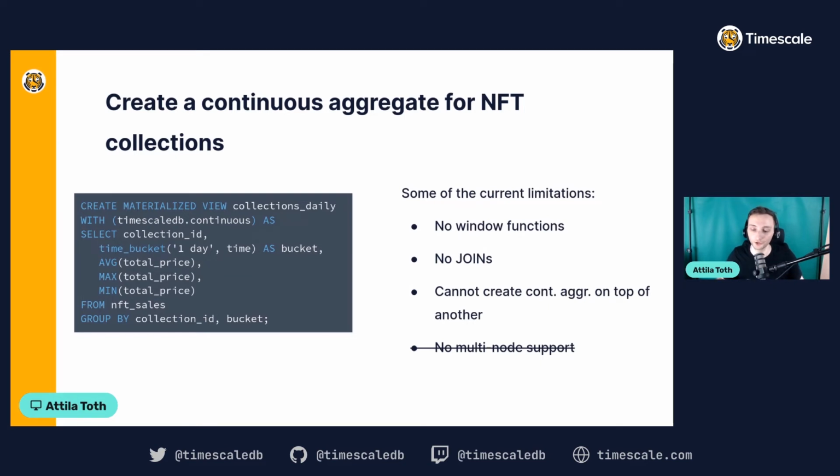Many users requested this feature, and if you are using TimescaleDB, but you want to, or if you're considering to switch to multi-node to be able to scale your database, but this limitation held you back because you are using continuous aggregates, this is not a limitation anymore, so you can use continuous aggregates over distributed hypertables.